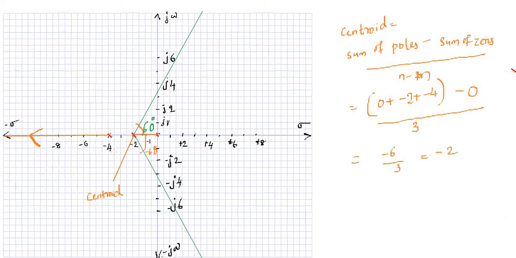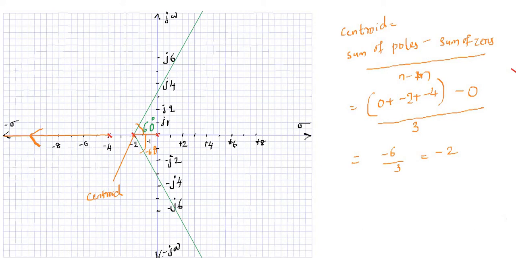So we got the angles of asymptotes, plus 60 degrees and minus 60 degrees, and the centroid is at minus 2. By using the equation, we got the centroid as minus 2. So the next step is to mark the centroid and mark the angles of asymptotes.